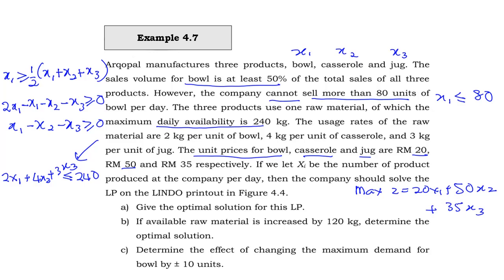If we let xi be the number of products produced at the company per day, then the company should solve the LP on the Lindo printout in figure 4.4. Part A: give the optimal solution for this LP.